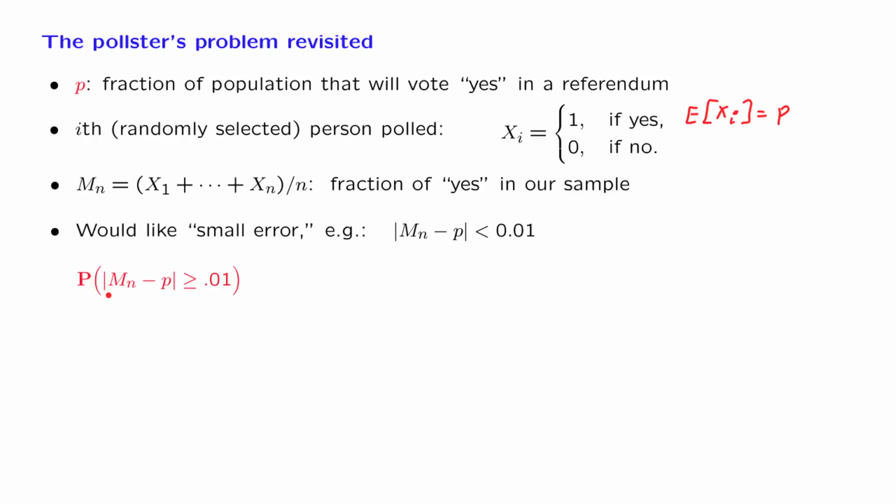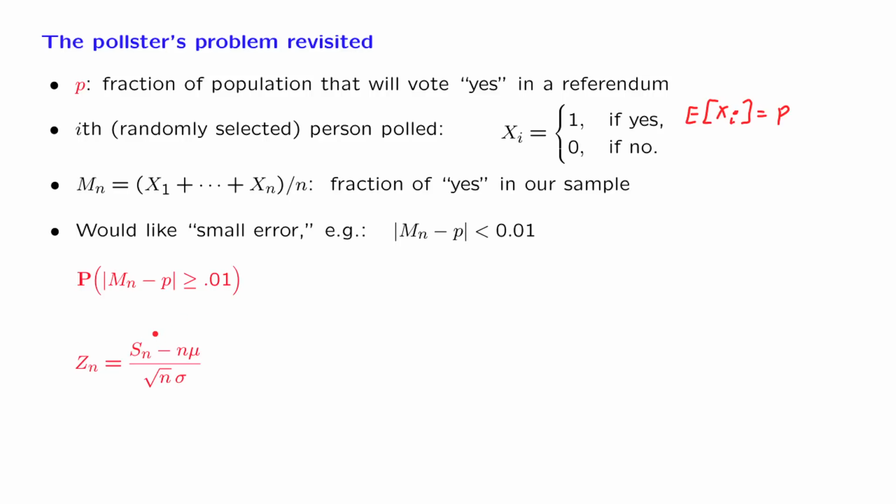So we look at the probability that our estimation error is larger than what we want. This is the case that we do not meet the specs, and we would like this probability to be small. One possible question is what the value of n should be in order to meet these specs. But in order to do any calculations, we first need a way of approximating this probability. And we will do that using the central limit theorem.